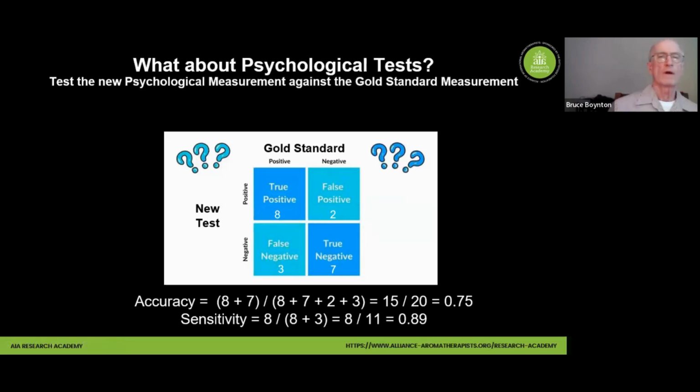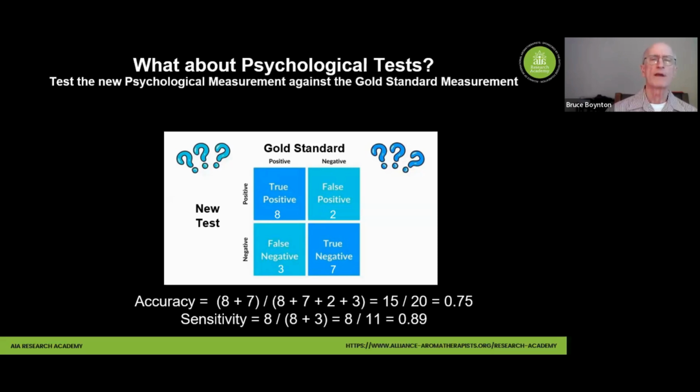Okay, now can you use this to calculate things about a psychological test? Well, how do you know if someone is truly depressed, or truly anxious, or truly stressed, or truly at comfort?